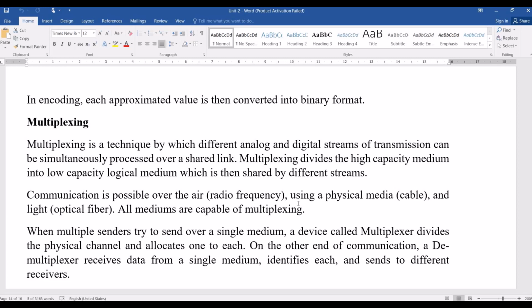What is the advantage of multiplexing? Different analog and digital signals of transmission can be simultaneously processed over a shared link.